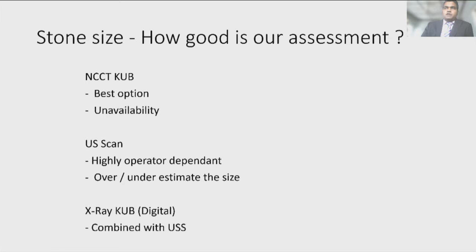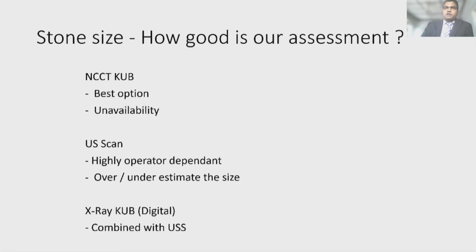Take an imaginary case where a person presents with left-sided ureteric colic, and the ultrasound scan shows left-sided hydronephrosis with no mention of stone size. You do an X-ray KUB, and here you can see a small, less than 10 millimeter distal ureteric stone, which is the ideal case for medical expulsion therapy.